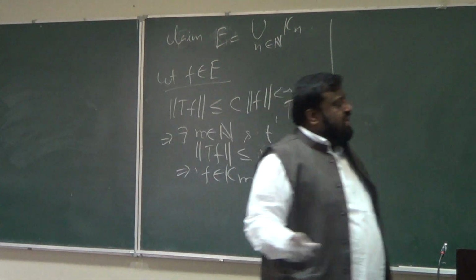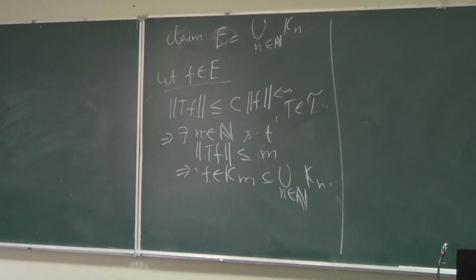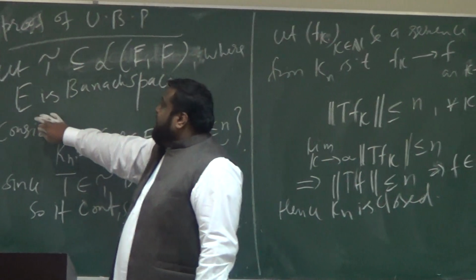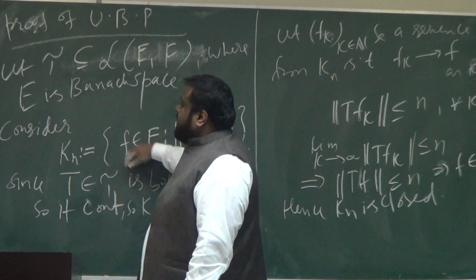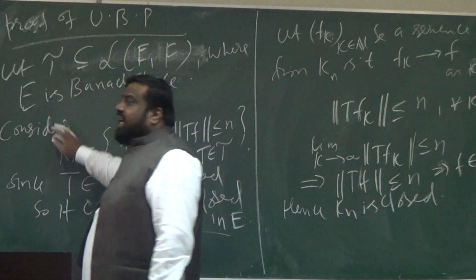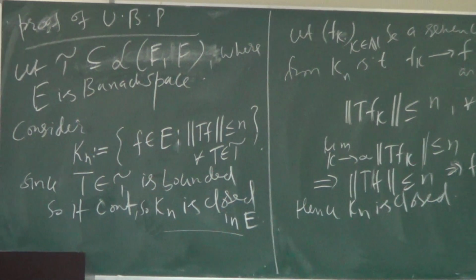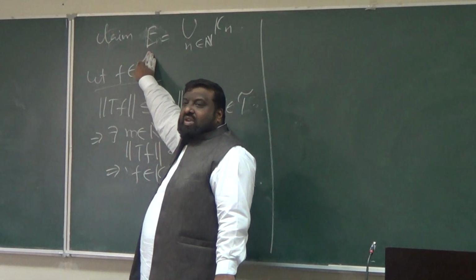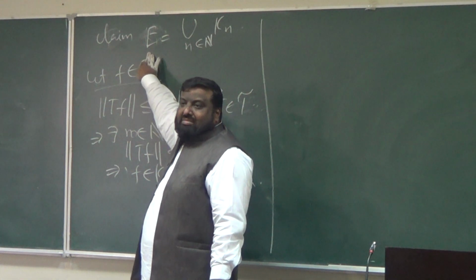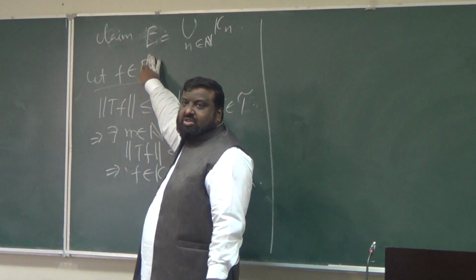Alright? So what we have done so far: we have E, which is a Banach space, complete. We have closed subsets of E, and their union is the whole of E. So we are in the assumptions of Baire's theorem. Are we? We are.